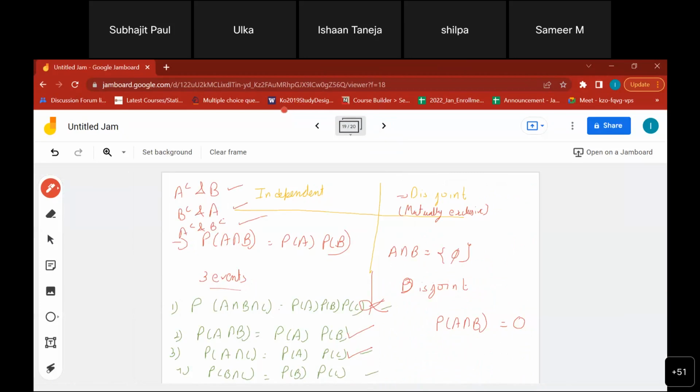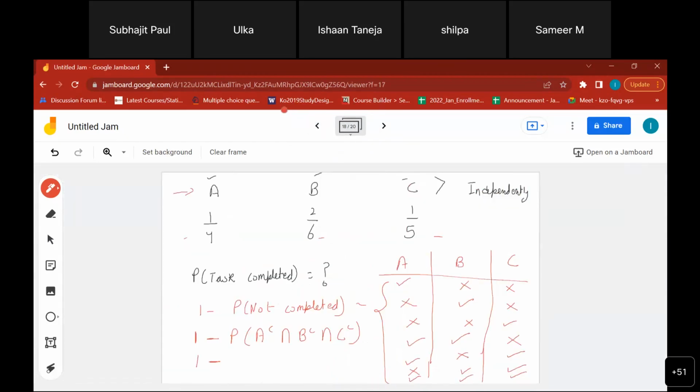So if A, B, C are independent, then their complements would also be independent, and we can compute the probability. Is this question clear? Any doubt?